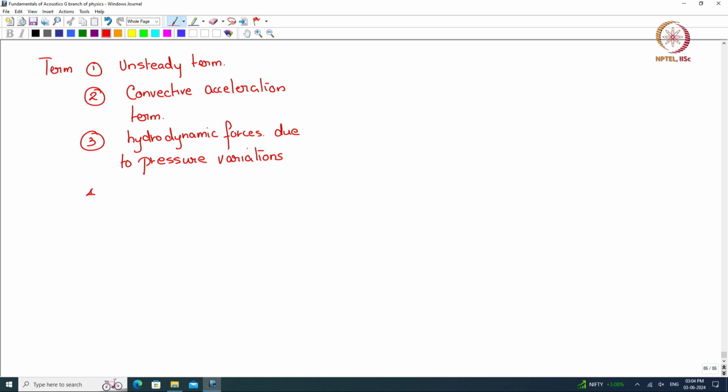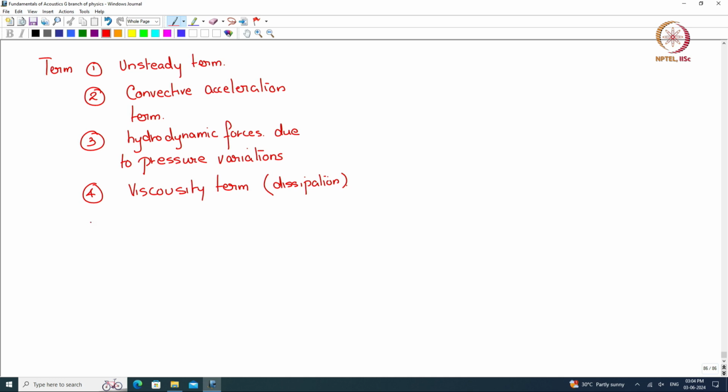The number 4 are the viscous forces, or the viscosity term. Okay, so that is the cause of dissipation, and we have discussed how we are going to deal with it.